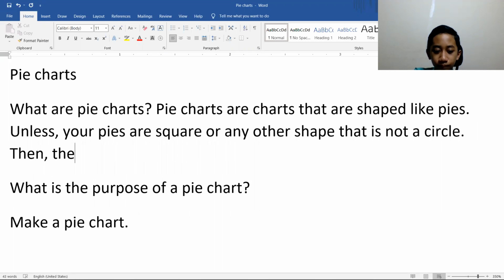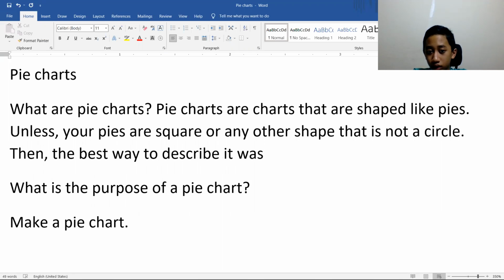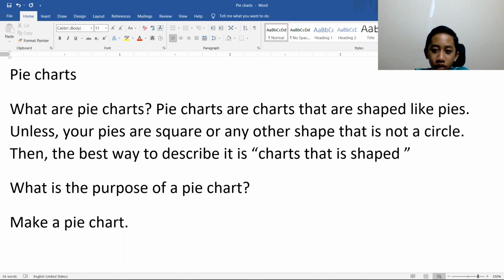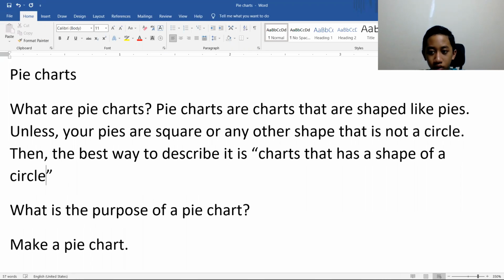Then the best way to describe it is a circle. Wait, no, it's charts that have the shape of a circle.